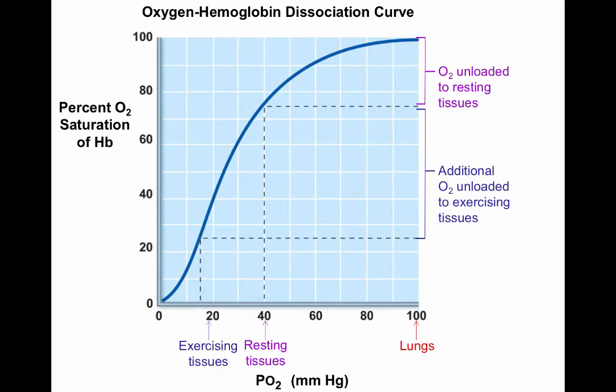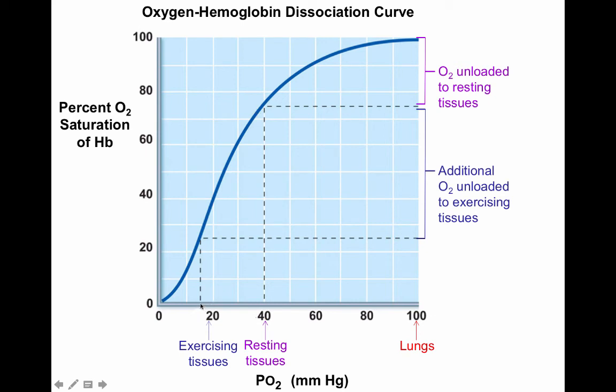In one of the charts related to this, the oxygen hemoglobin dissociation curve, we're looking at oxygen saturation on hemoglobin and the pressure over a span of pressure. So over a certain span of pressure, how much oxygen gets attached onto hemoglobin.